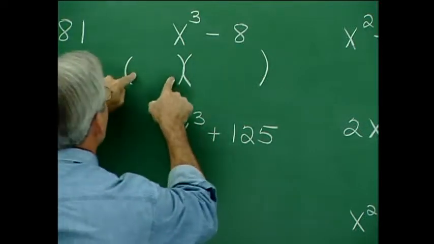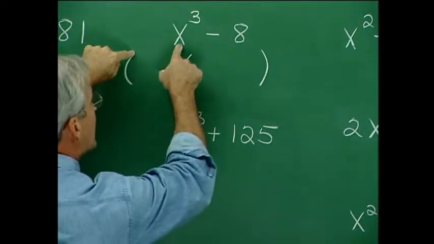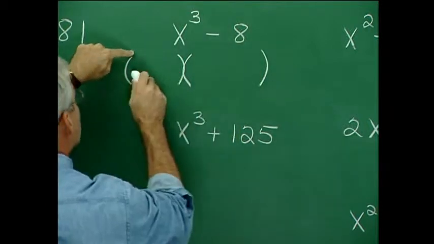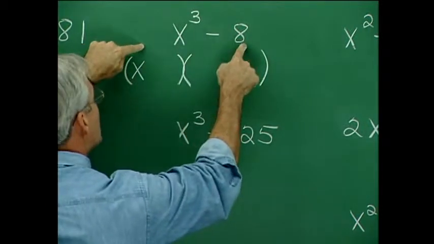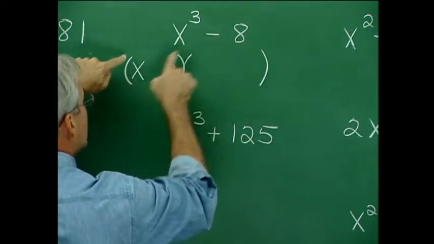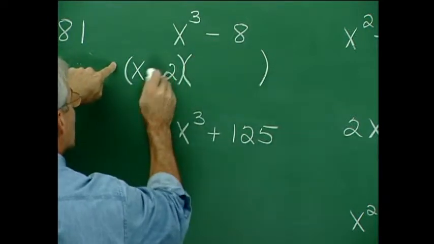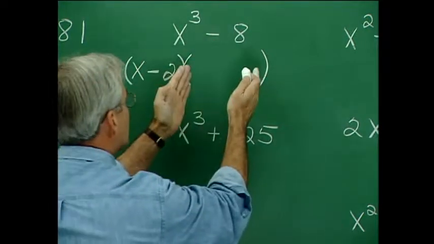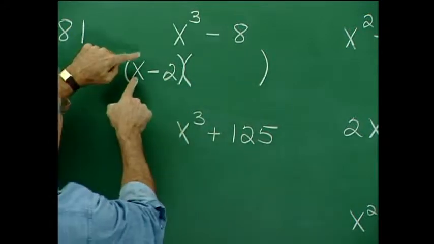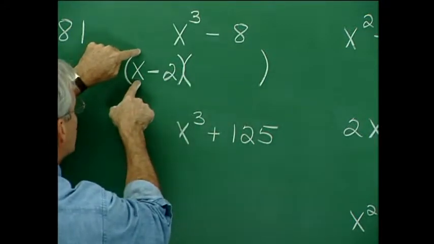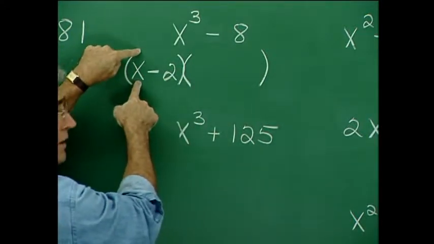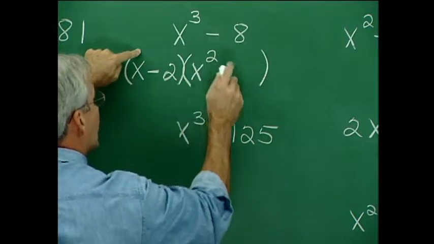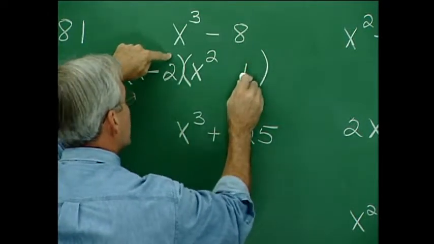Okay, for the binomial part, we just identify what's being cubed to give each of these. x is being cubed to give x cubed, 2 is cubed to give 8. And the sign that appears here is the same as this sign, so it's minus. To identify the parts of the trinomial, the first item in the trinomial is this first item in the binomial squared, so it's x squared. The last term is this last term squared.